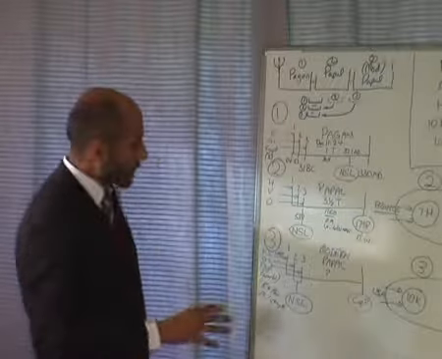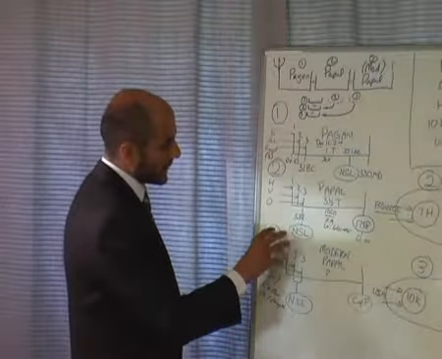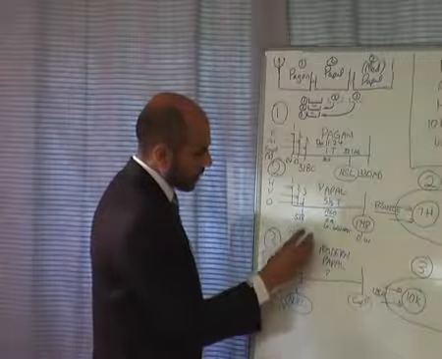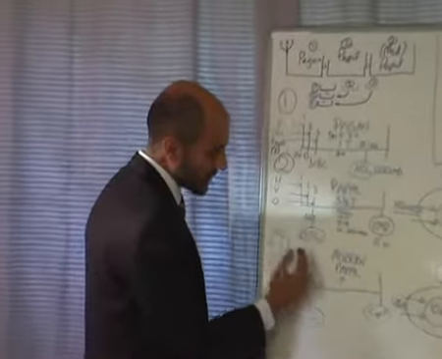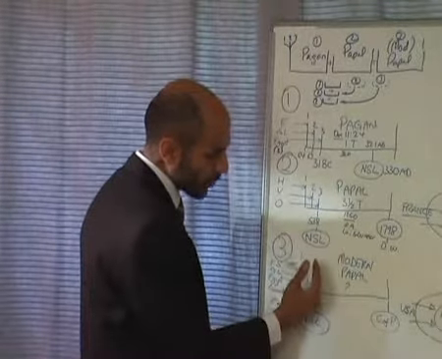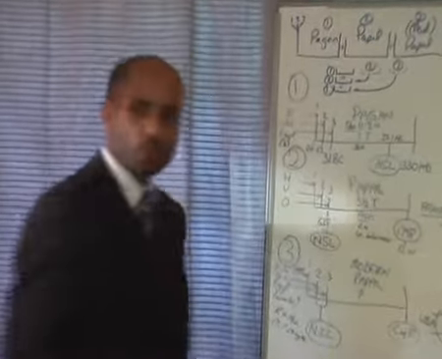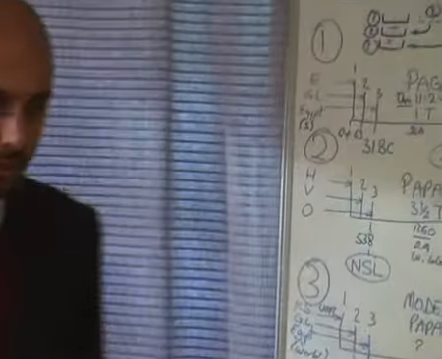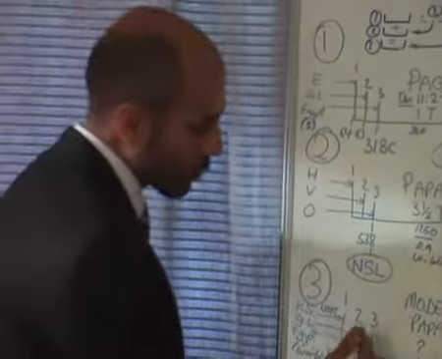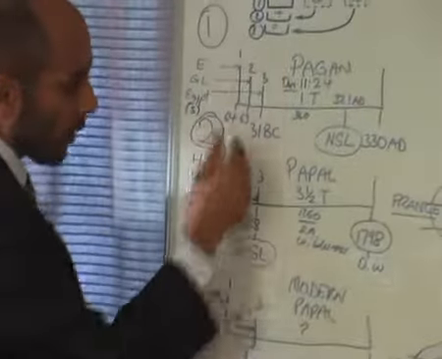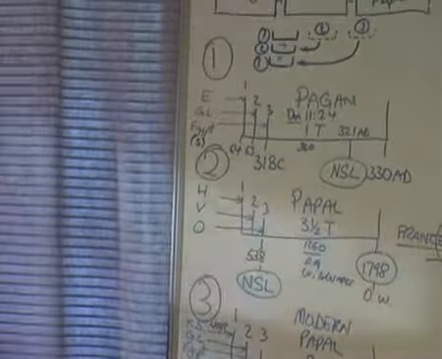So what we've shown is that at the end of the world, modern papal Rome has to take down 3 territories, and when it's done taking down the third one, it's now ruling supremely. So here we see it's ruling supremely, and it's followed the same sequence: 1, 2, 3. 3 powers have to be taken down.